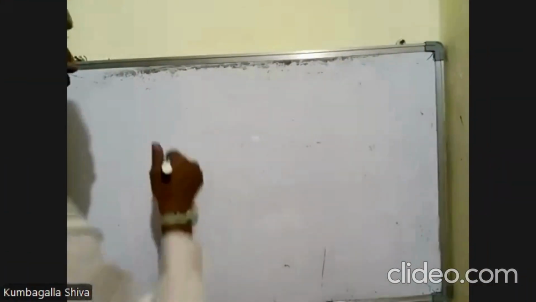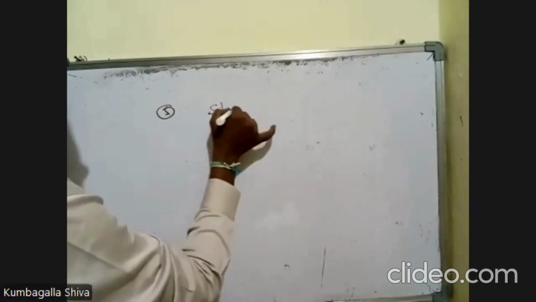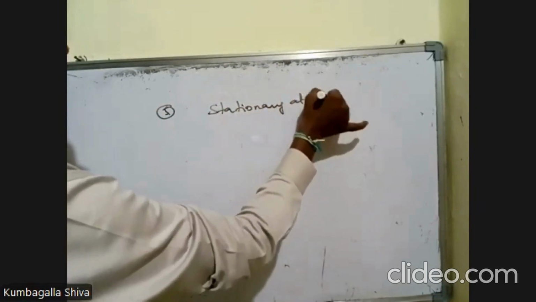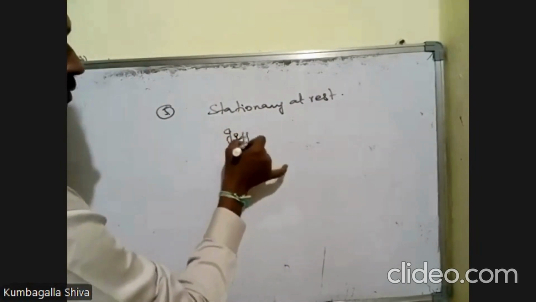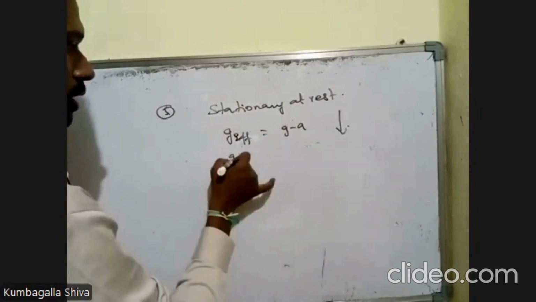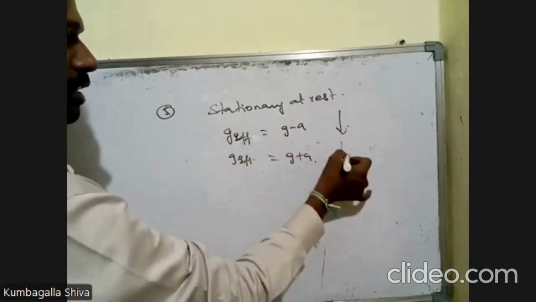So the fifth one, they're asking for stationary, means at rest. We know we use G effective as G minus A for freely falling, or G plus A. But the body is at rest.